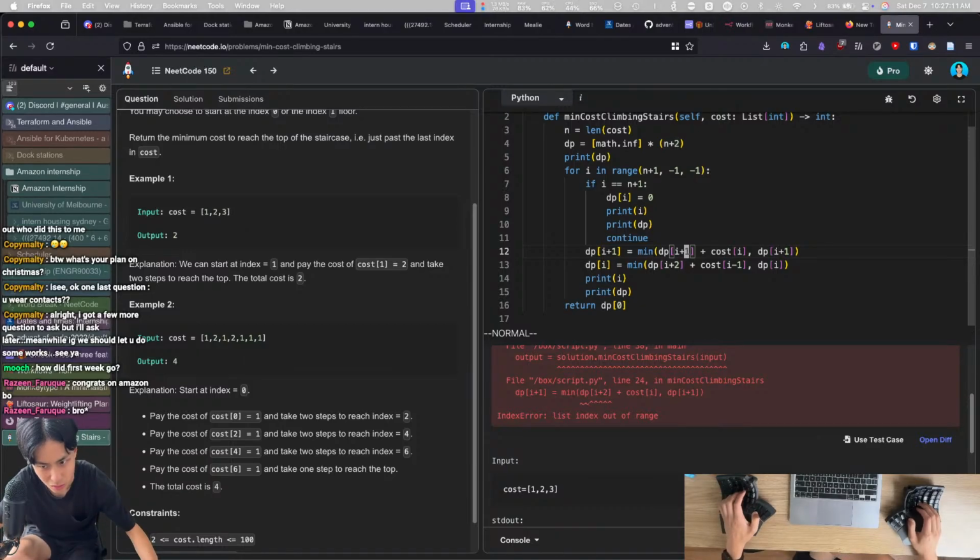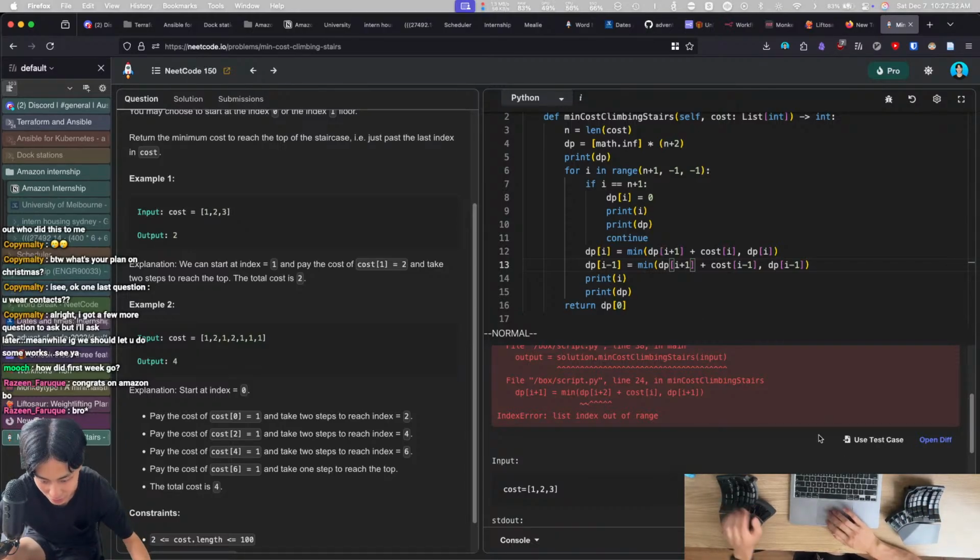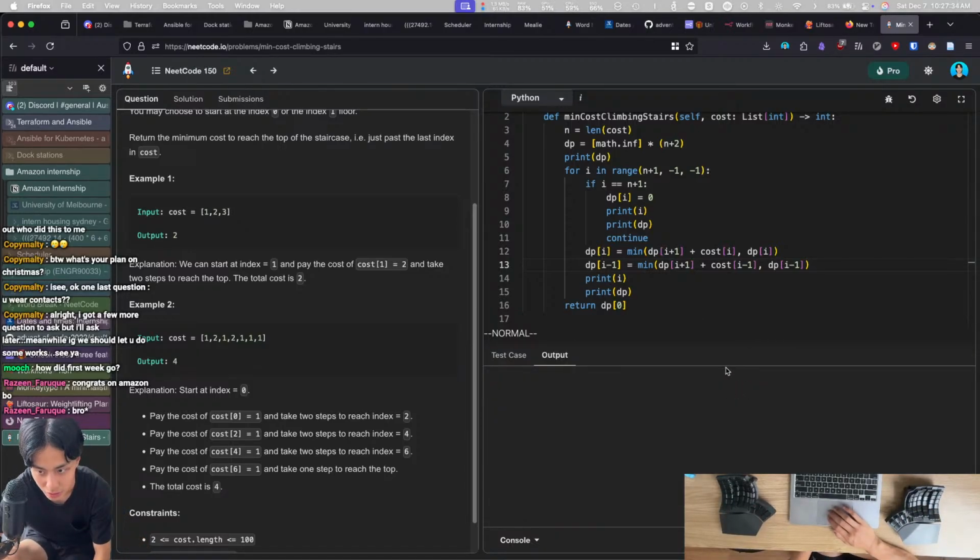So this is still 1 then? This is still 1. Still 1. This is minus 1. This is minus 1. And this is 1. Like, this is the problem that I just had before.